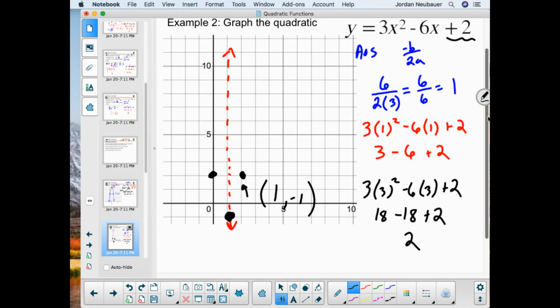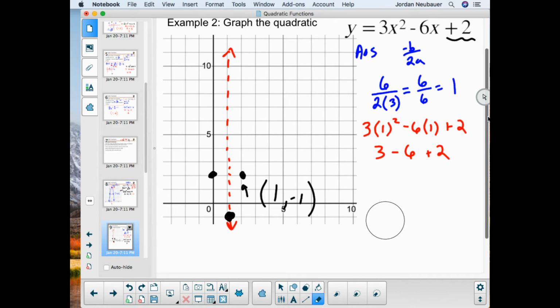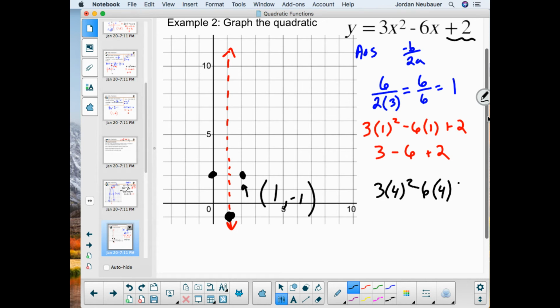Let's try 4. So let's say that we chose 4 to plug into it. My bad. We go 3 times 4 to the second minus 6 times 4, and then add 2. Well, that's going to get you, let's see, 16 times 3, that's 48, minus 24 plus 2, that's going to be like 26 units.